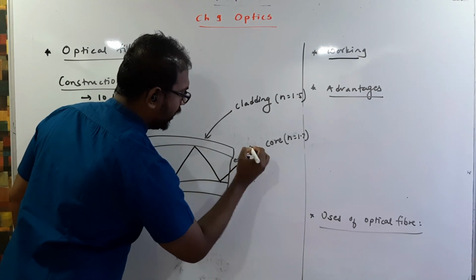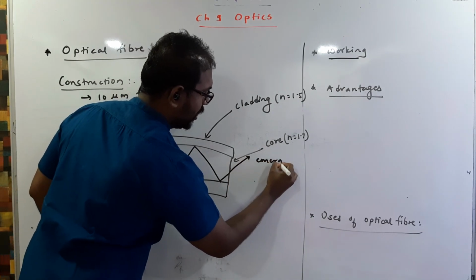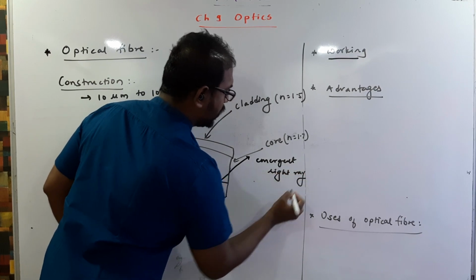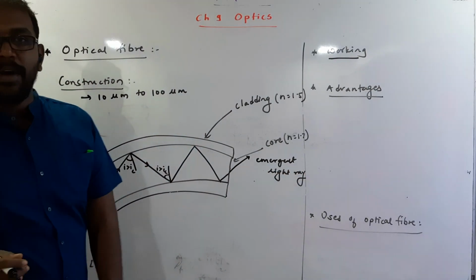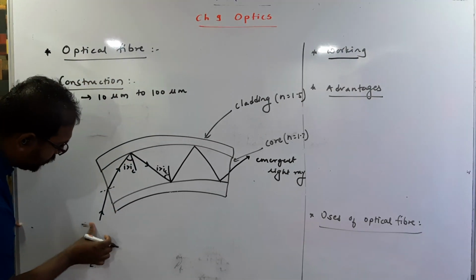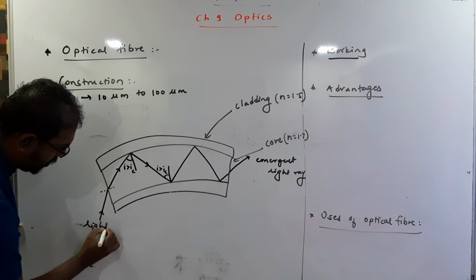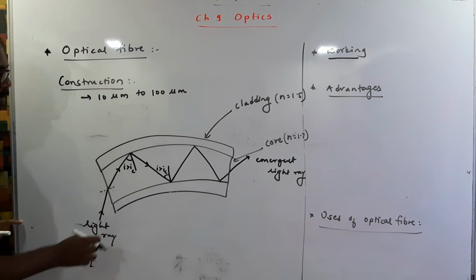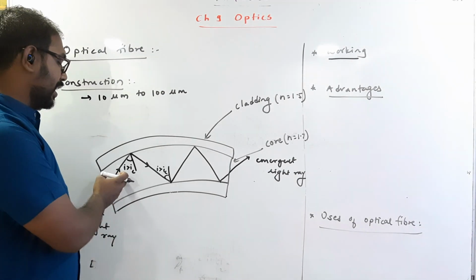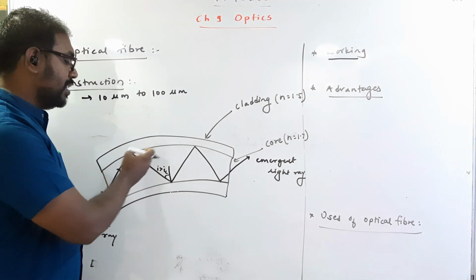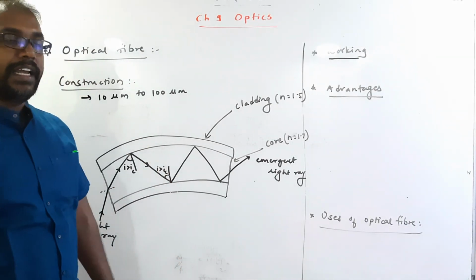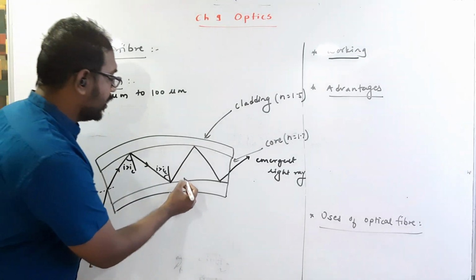Now here it emerges. This is the emergent light ray. So this is the working of optical fiber. I hope everyone understood. I will explain it again. When a light ray is incident at one end of the optical fiber with a small angle, it is incident on the wall with an angle greater than the critical angle, so total internal reflection occurs. Then it is incident on the opposite wall with an angle greater than the critical angle again, so again total internal reflection occurs.